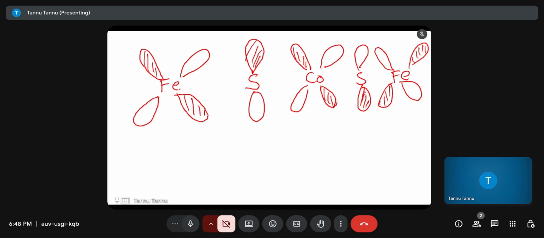So these are the orbitals, and this is how the electron transfer is happening. Fe2+ to sulfur, sulfur to cobalt, which has a vacant d orbital, then to the sulfur, and finally to the iron atom.